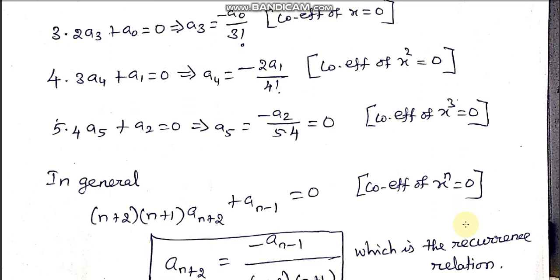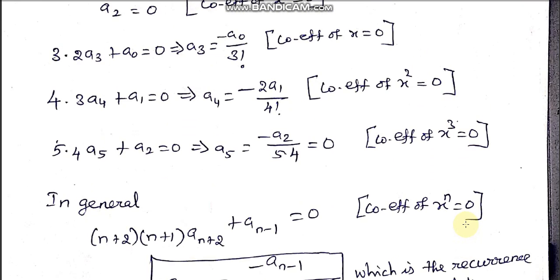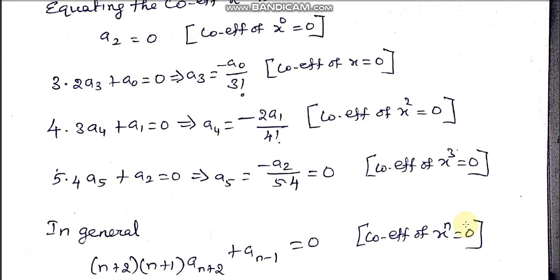Here coefficient of x power 3 equal to 0 gives the value of a5, but this a5 is in terms of a2. But we need to find a2, a3, a4, a5 in terms of a0 and a1 only. So replace a2 by 0. On substituting a2 equal to 0, a5 also becomes 0.